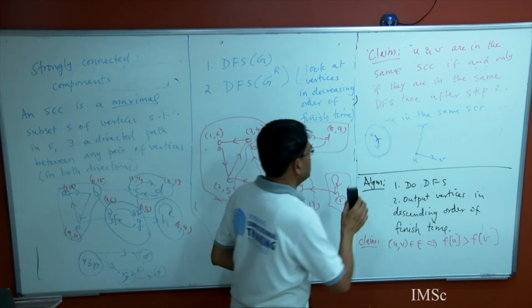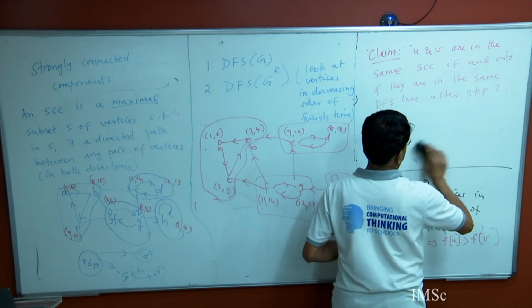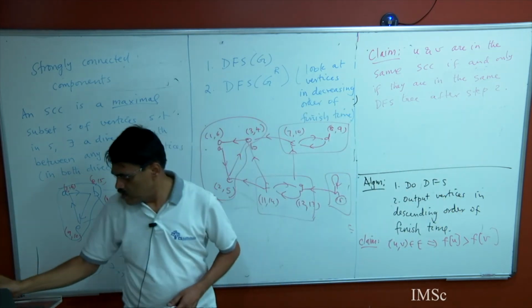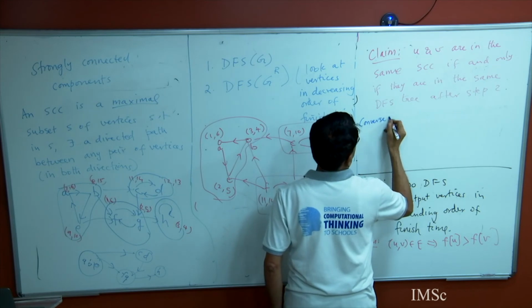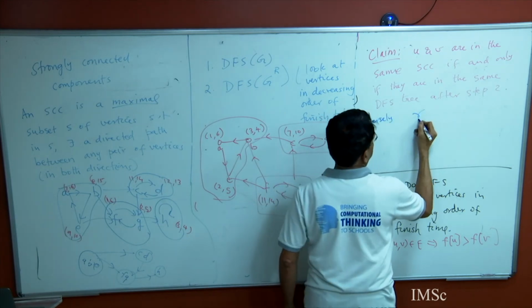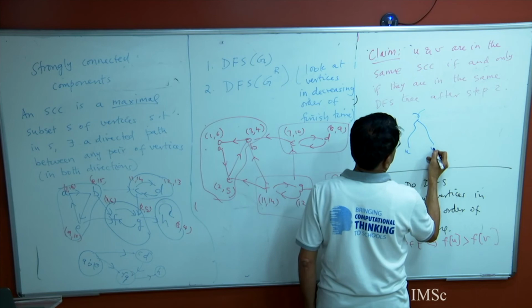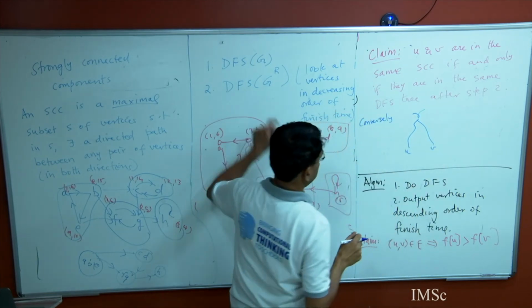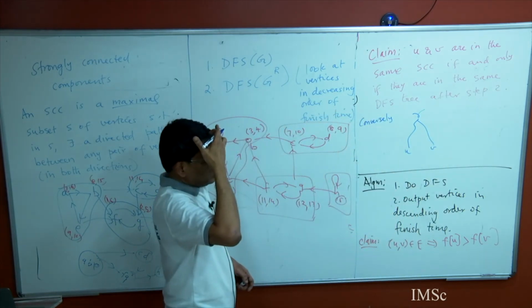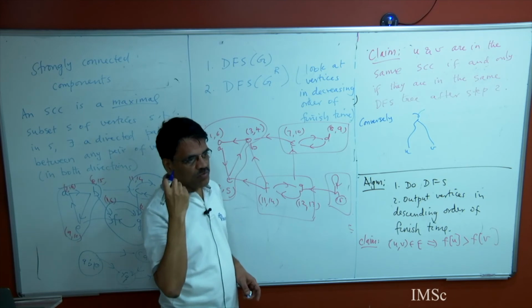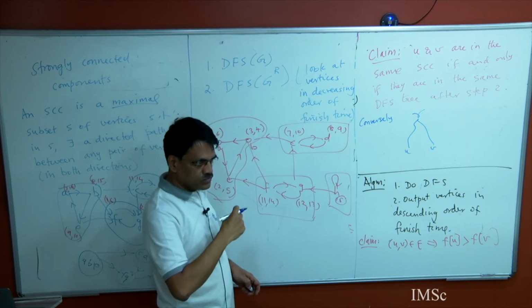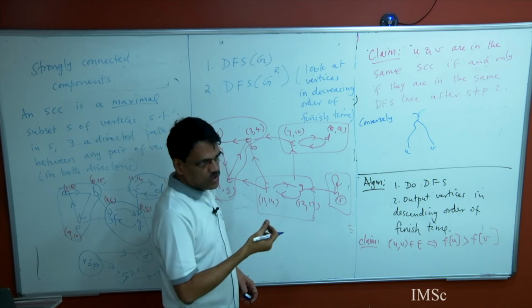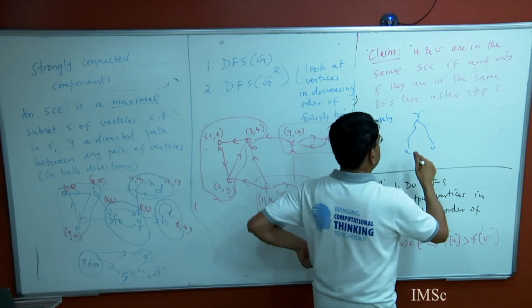Right. Conversely, suppose U and V are in the same DFS tree here, and I want to show that they are in the same strongly connected component. What does that mean? What do I have to show? There is a path from U to V and there is a path from V to U. Now this is happening in the reverse, right?